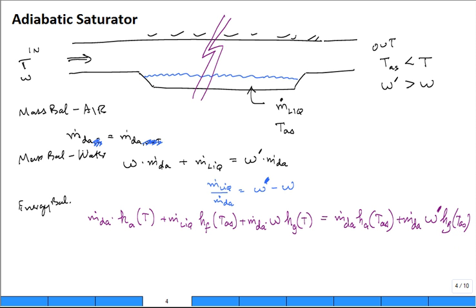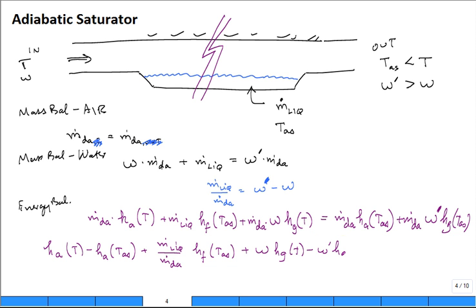So now we start rearranging some terms, so let me just write this. h_a at T minus h_a at the adiabatic saturation temperature, plus mass flow rate of liquid divided by mass flow rate of dry air times h_f at adiabatic saturation, plus omega h_g at T, minus omega prime h_g at T adiabatic saturation, equal to 0.